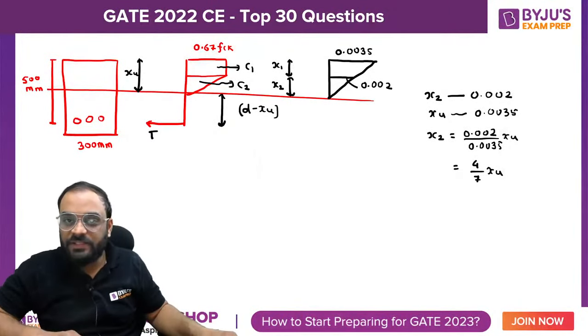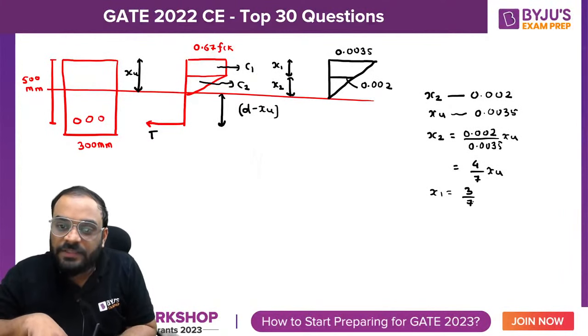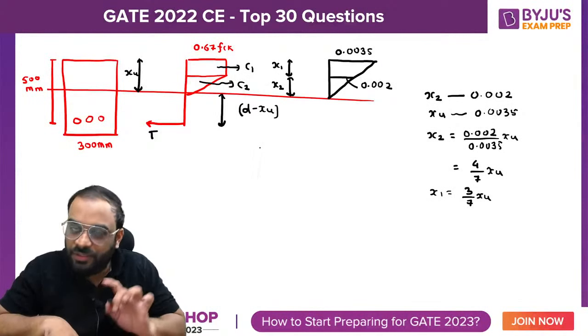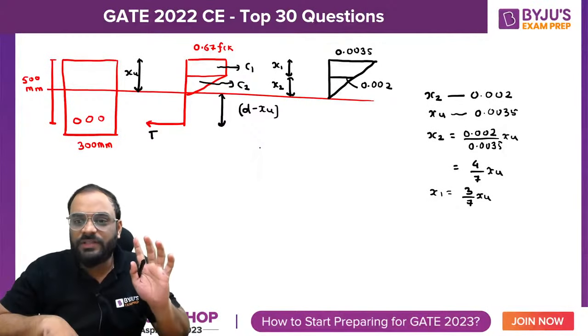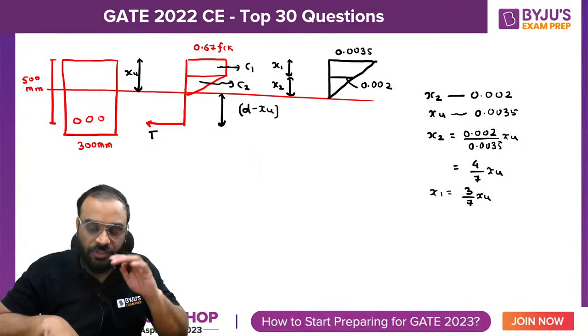Yes, 4 by 7 XU. If X2 is 4 by 7 XU, then X1 is equal to how much? It will be 3 by 7 XU, correct? Now I think you are able to understand the value of X1 and X2. Okay, sir. X1, X2 is known to you.